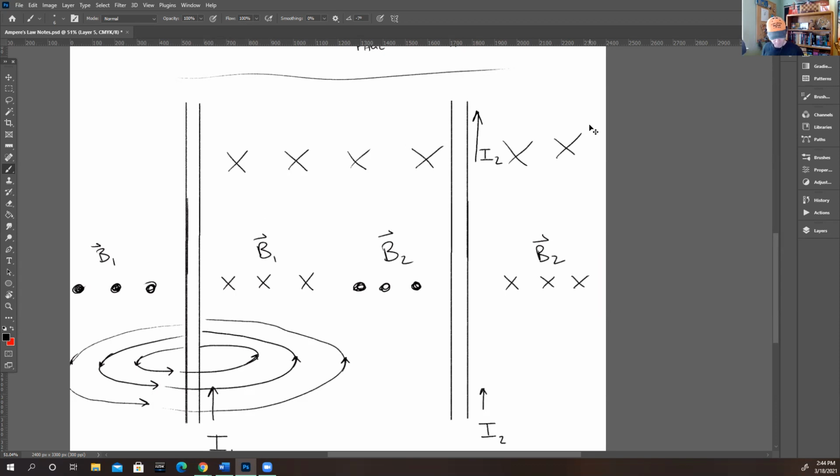And so it's feeling this inward magnetic field, I'll put it over here, an inward magnetic field that's being made by current 1, like that. So we have its own current direction and the field that it's moving through.